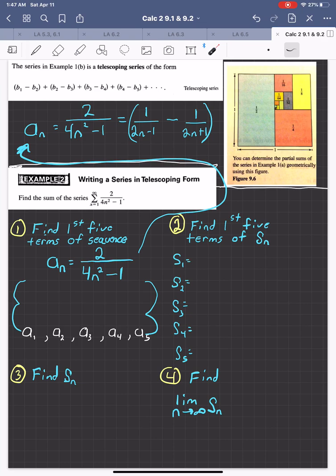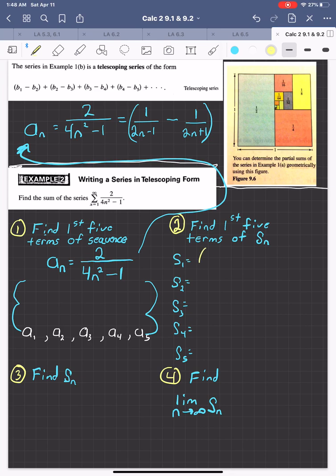Now, I'm not going to go through and list the first terms. If you want to plug in a 1, plug in a 2. I want to jump right to when you start to think about the partial sums. So let's start with S sub 1. The very first term in that sequence, I would have to plug a 1 into a sub n.